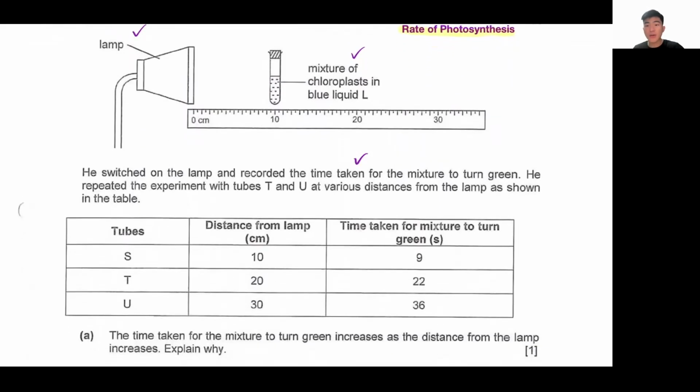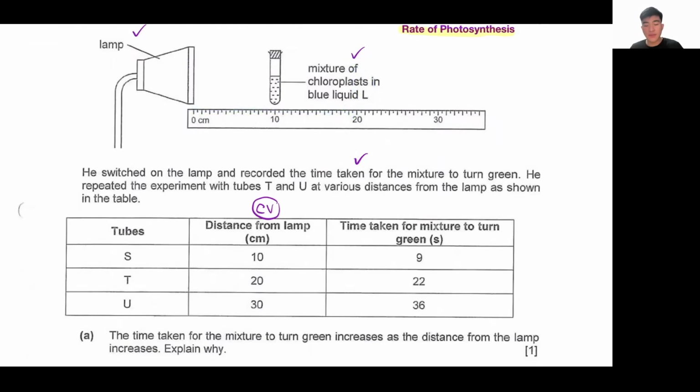Whenever we conduct an experiment, we will always have a change variable and a measure variable, right? In this case, the change variable will be the distance from the lamp, the light intensity. From here to here, what is the amount of light? From here to here, there's definitely going to be less light. So when you change the distance from the lamp, you are changing a variable.